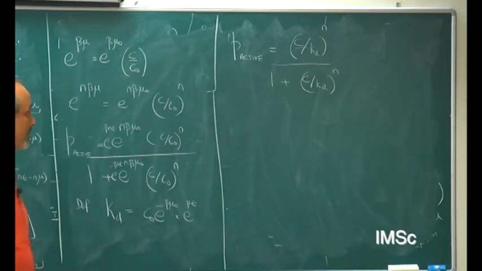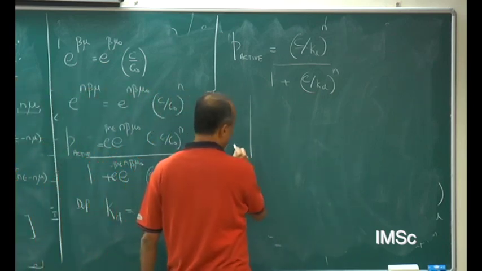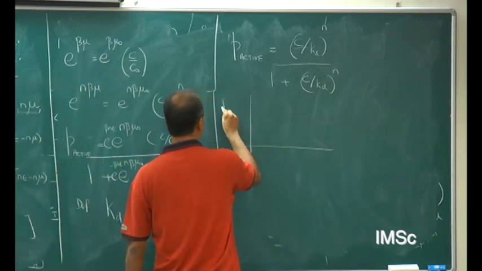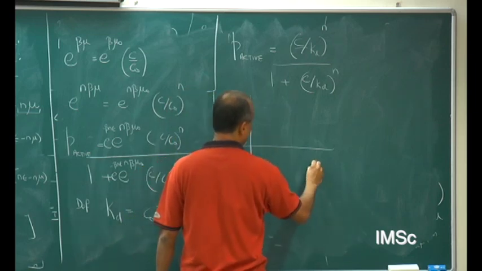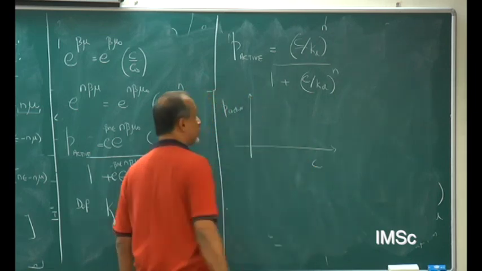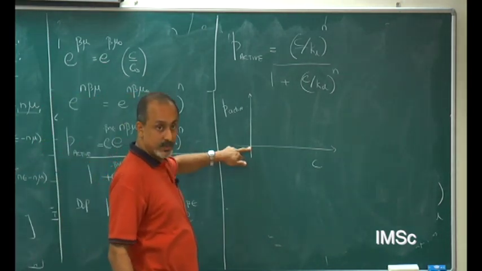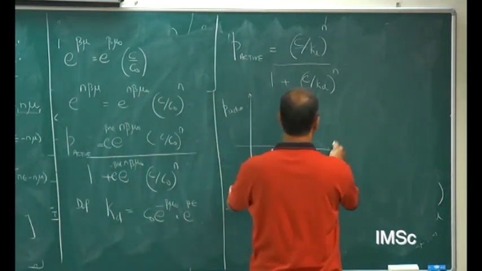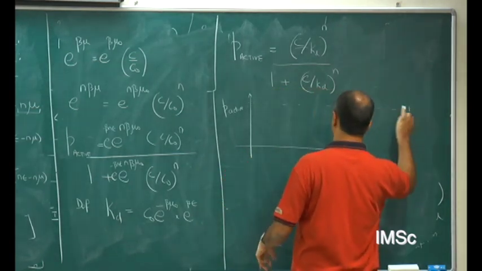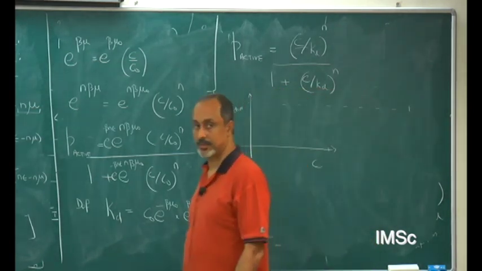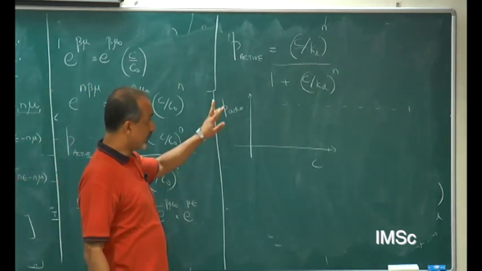Okay. So now let's just look at the effect of what happens if I plot P active as a function of C. At C equal to 0, this is 0. At C equal to infinity, this quantity is 1. But now the question is, what happens in between?